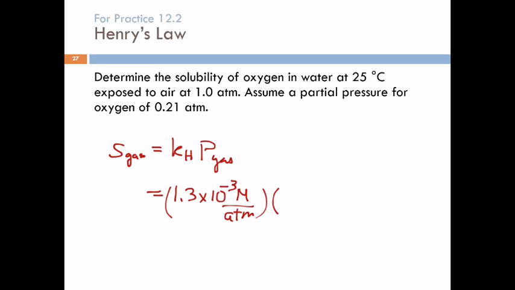And then that's going to be multiplied by the partial pressure, 0.21 atmospheres. That gives 2.7 times 10 to the minus 4 molar.